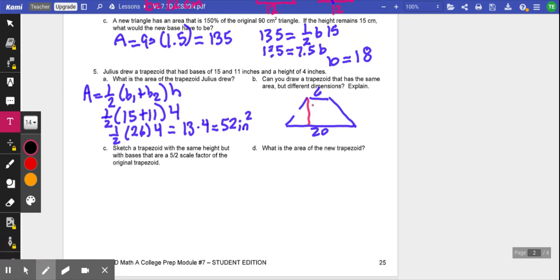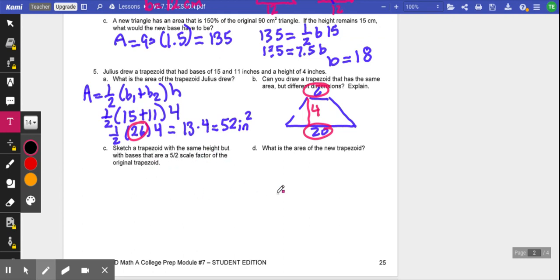What I have to pay attention to is that the 6 plus the 20 have to add up to the 26. So I could have done 1 and 25 or any numbers, 19 and 7. It wouldn't matter.